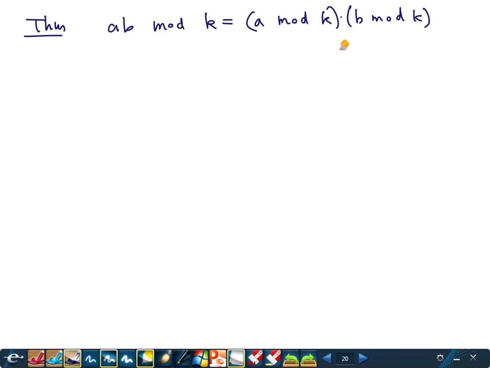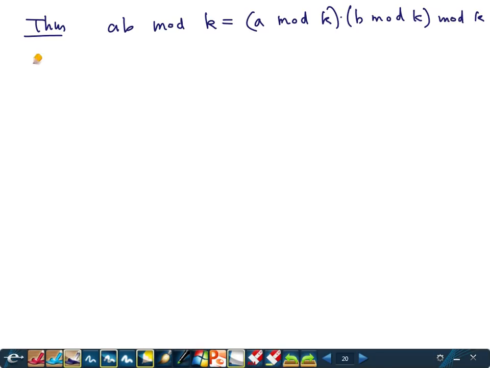Do you think it's correct? This is not correct. I have to add one more mod k, because the product of these can be bigger than k. We have to take the mod because we want this to be in the correct range. The proof is simple, so I'm not going to prove this.